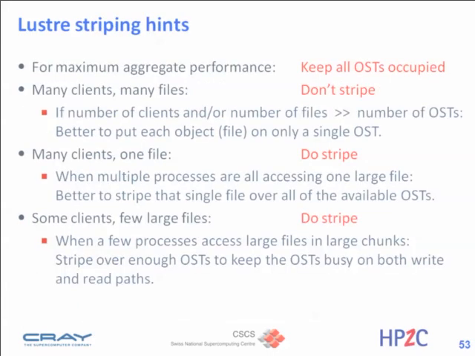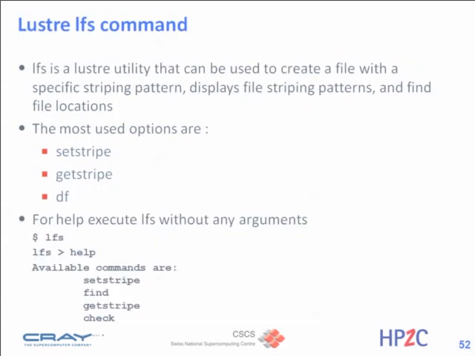Let me see if I have an example. No, I don't have an example. So basically what you do is lfs setstripe, then you say -c, how many OSTs you want, -c 4, and then the name of the file.